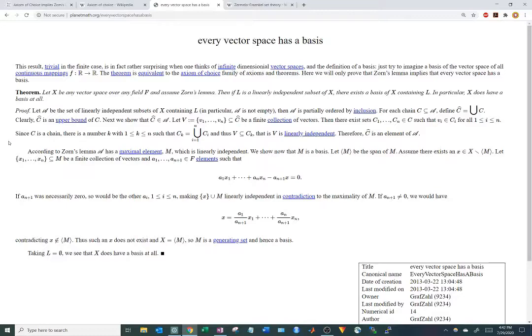And to get that, you apply Zorn's lemma. So you prove that every totally ordered subset of things which are smaller versions of what you want has an upper bound, and then you get your maximum element, which is the thing that you really want.